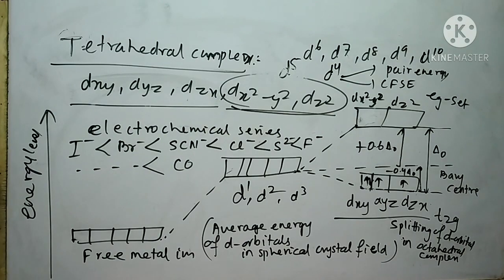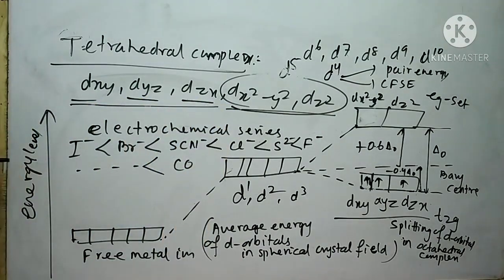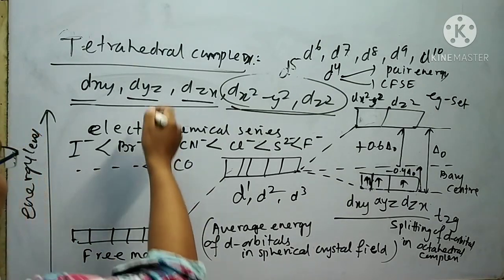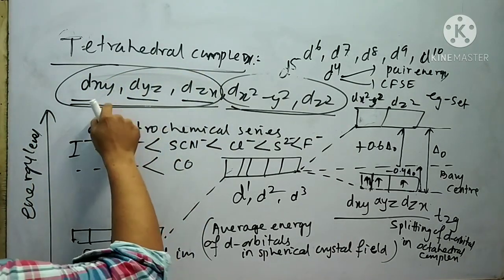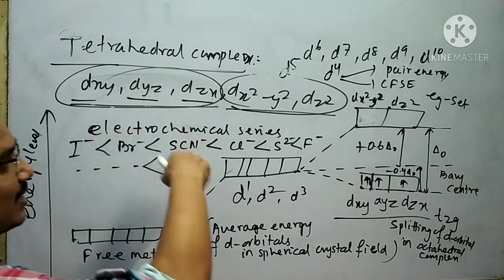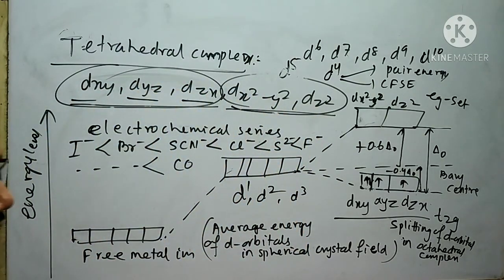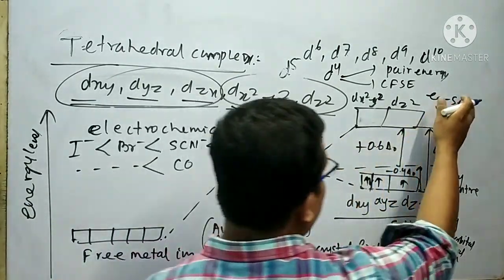If you think about the d orbitals, then the dxy, dyz, dzx orbitals are placed in between the axes, so these three orbitals feel more repulsion. As a result, the energy of these three orbitals is higher than these two orbitals in the case of a tetrahedral complex. So I can just change the diagram like this.